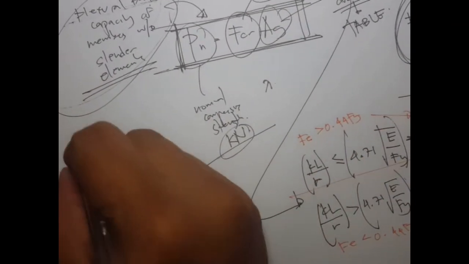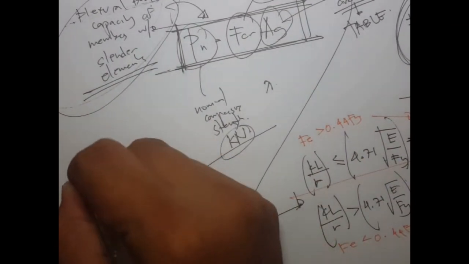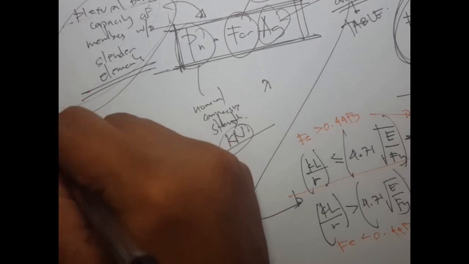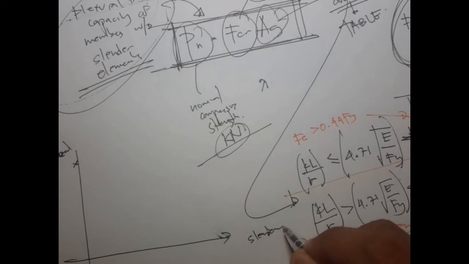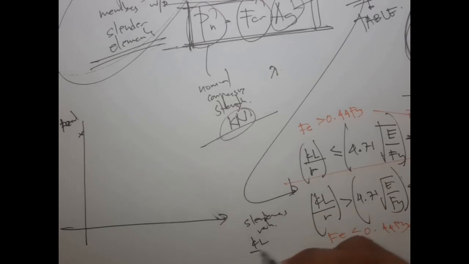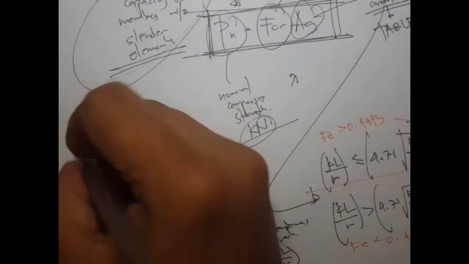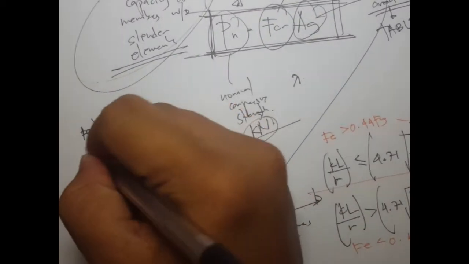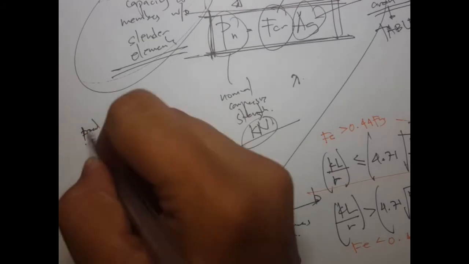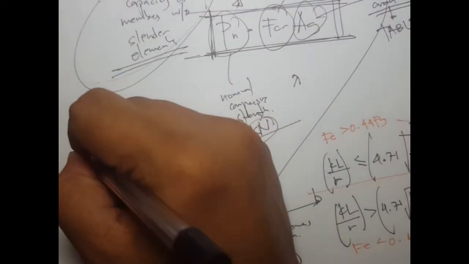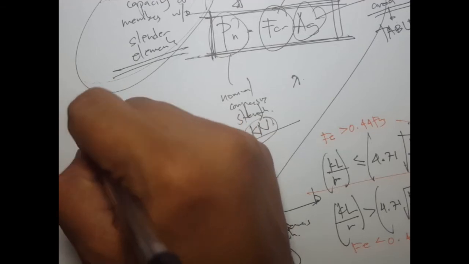Now let's try to convert this into a graph. We have this graph, and recall that this is the load, or in terms of the stress Fcr, and this is the slenderness ratio, KL over r.